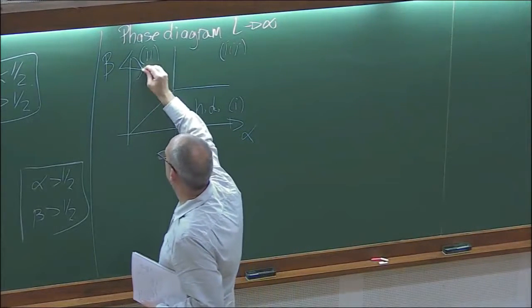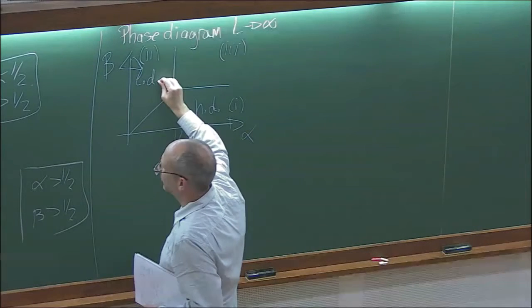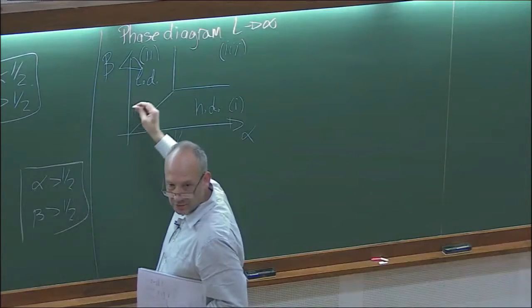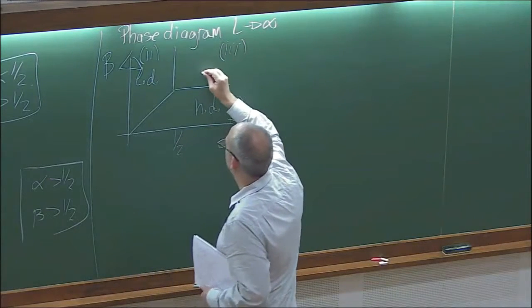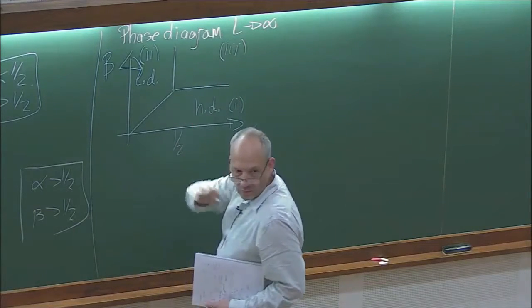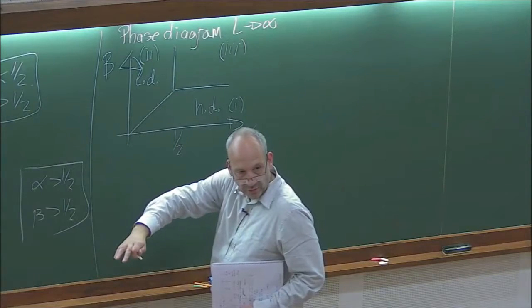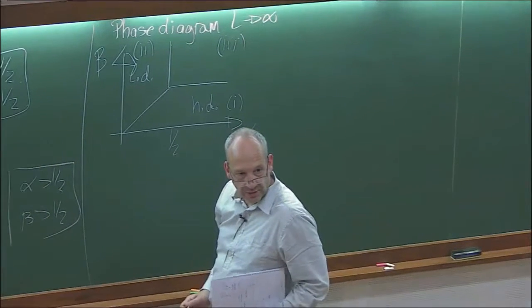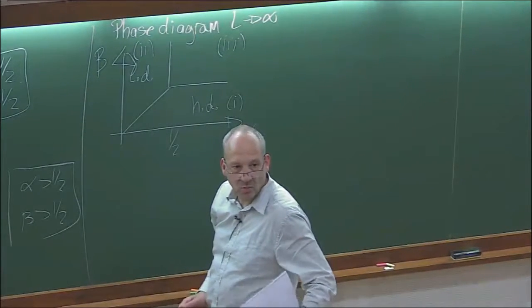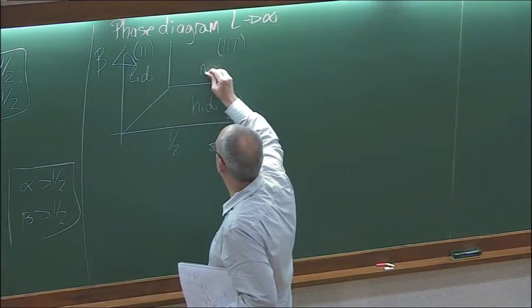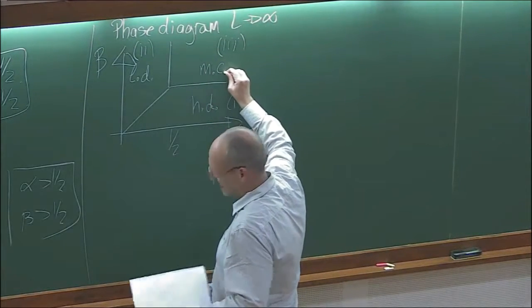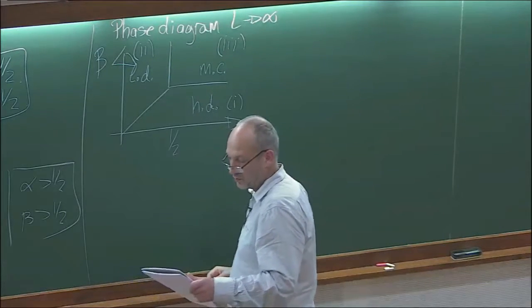Up here, the fixed point density is less than a half, so LD is low density. And here, the density away from the boundaries is a half, and the current is a quarter, and that's actually the maximal current that you get. So this, for MC, is the maximal current phase.